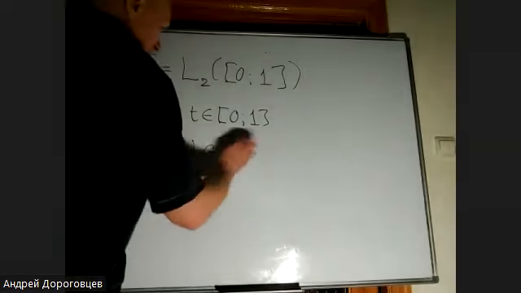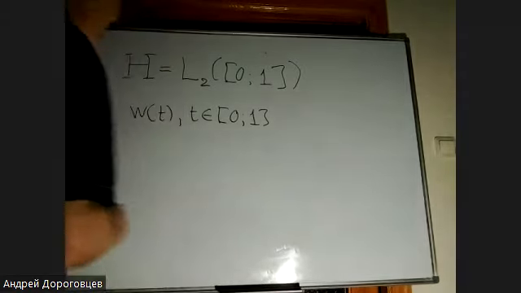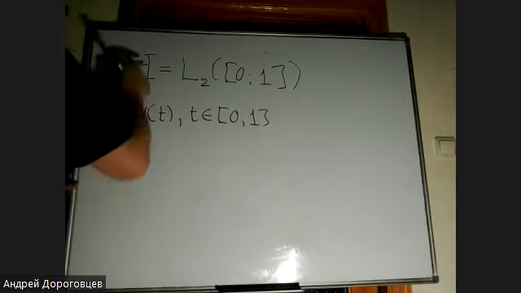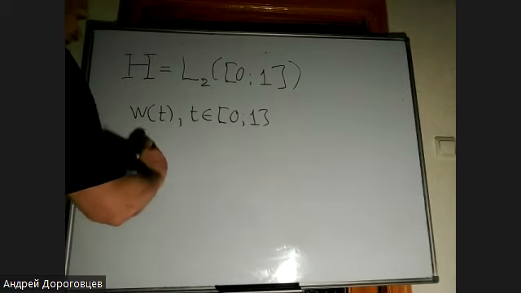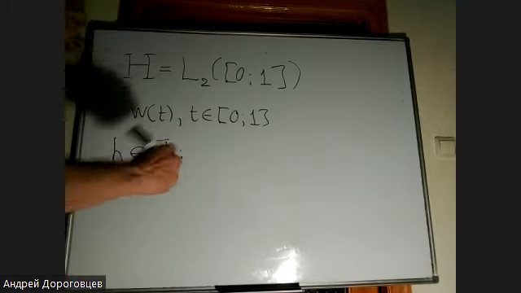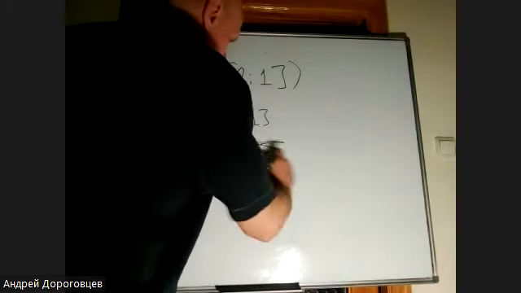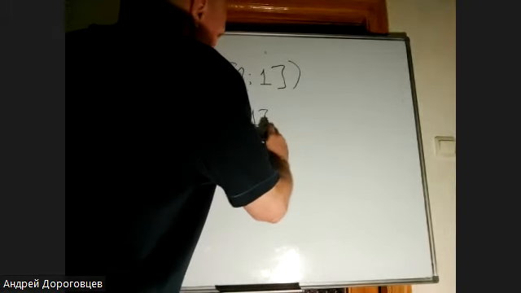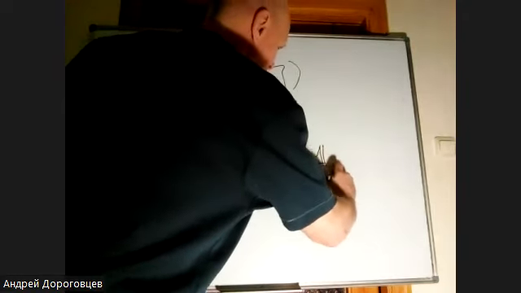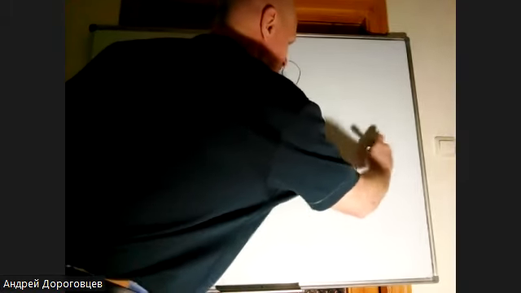So I suppose to have this one using the Wiener process. How will I do this? Let me proceed as follows. Consider firstly an element of our L2. Very simple, it will be a step function. So h(t) is equal to the sum from k equals 0 to n minus 1 of a_k times the indicator of the interval from t_k to t_{k+1}.